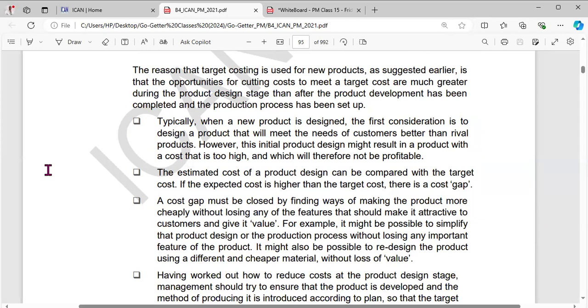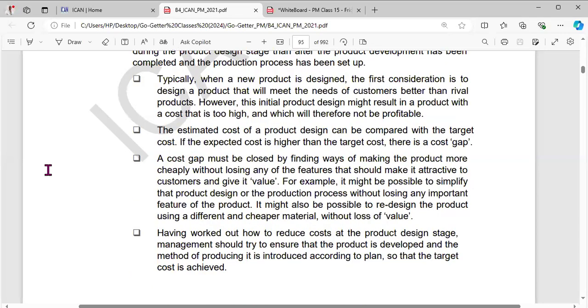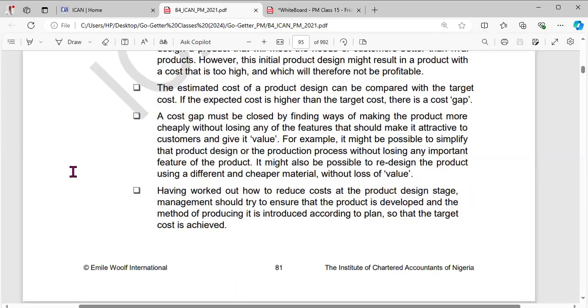It might also be possible to redesign the product using a different and cheaper material without loss of value. Having worked out how to reduce cost at the product design stage, management should try to ensure that the product is developed and the method of producing it is introduced according to the plan so that the target cost is achieved.